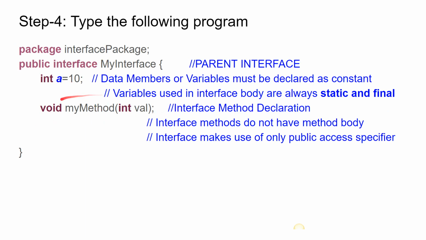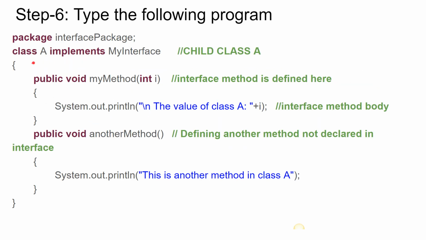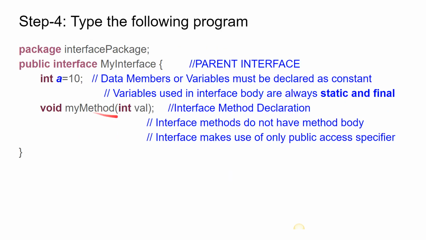Here we have not defined myMethod, but this myMethod can be defined only in class A, that is, in the child class of the interface. We can define it only inside the child class of the interface. Here we are defining myMethod, with a parameterized method, and these two names are the same.